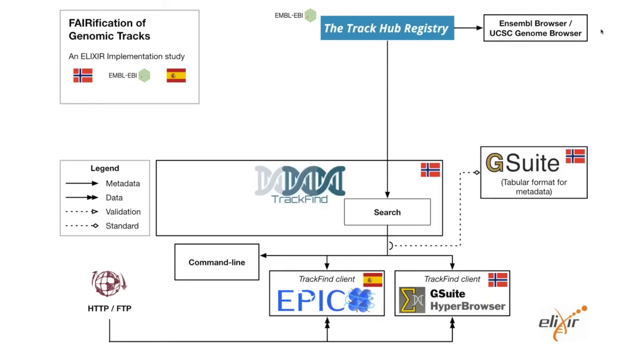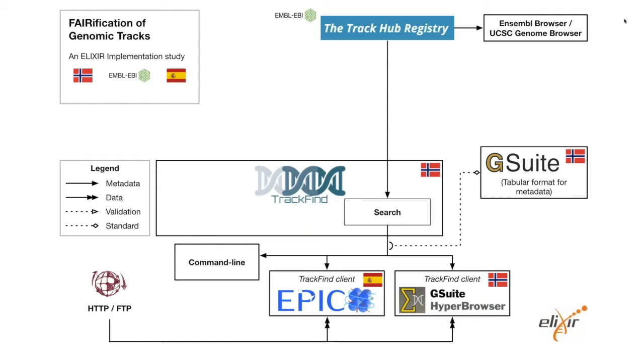So in order to bridge this gap, we first developed this system called Trackfind, which supports advanced search capabilities, importing metadata from the Trackhub registry, and then providing easy search capabilities to the clients.